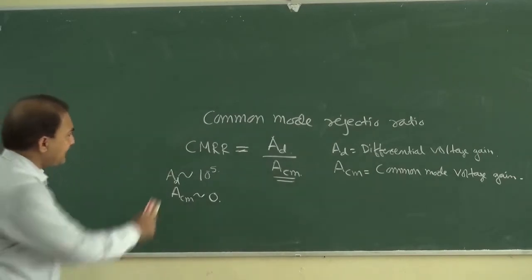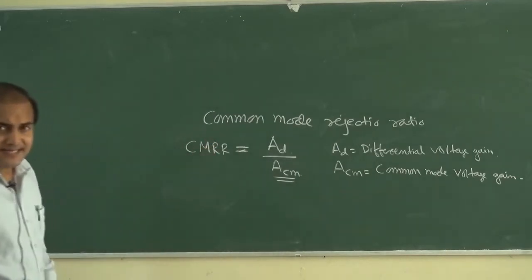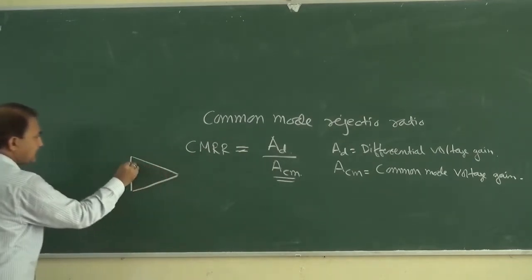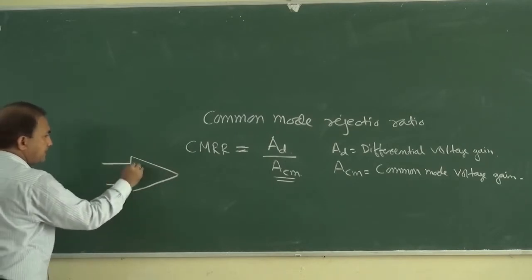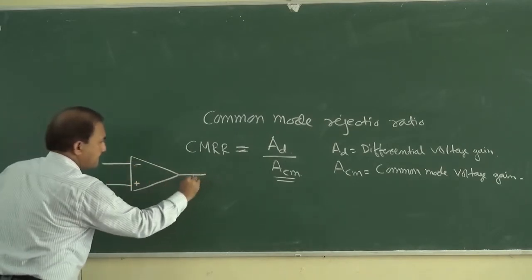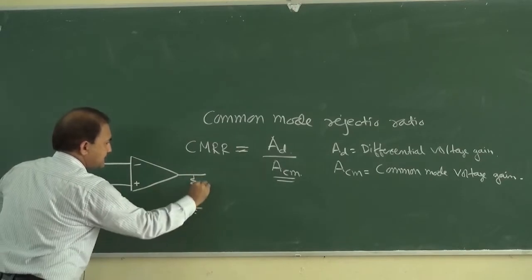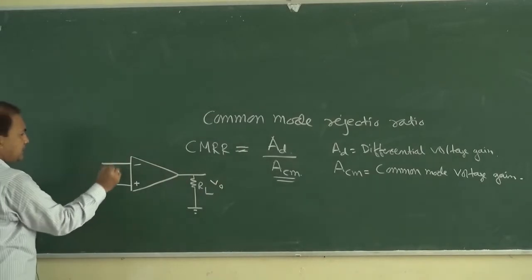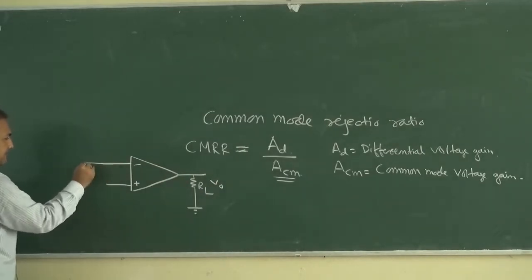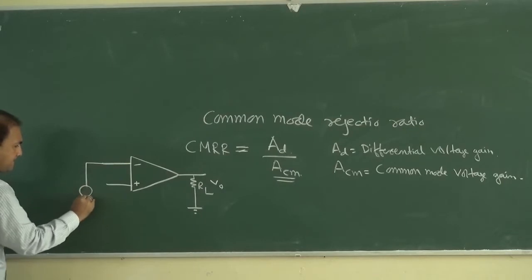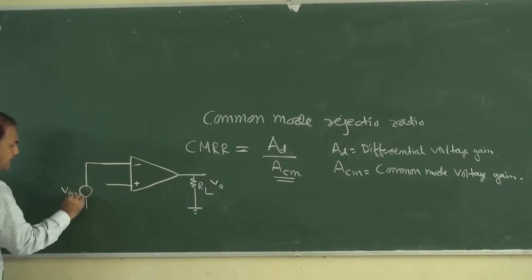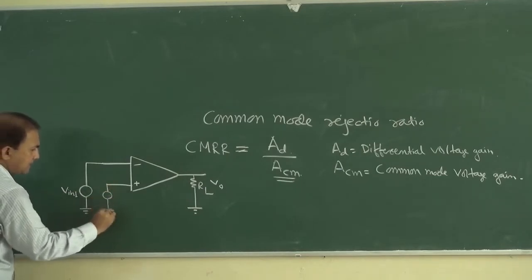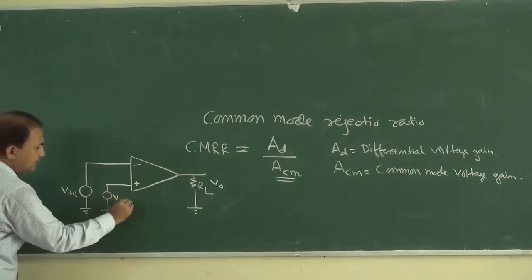So how can we calculate both these, AD and ACM? This is RL and V output. Suppose this is V in 1 and say this is V in 2.